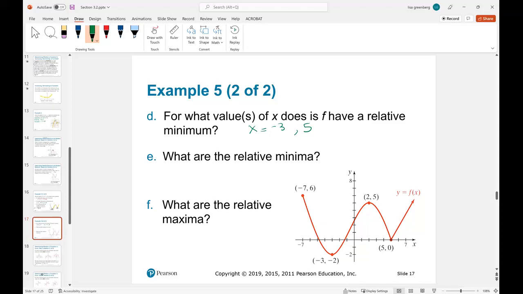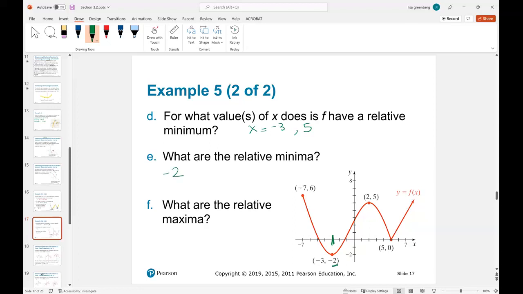The next question is a little different. It says, what are the relative minima? So now that's a different question. The relative minima are the minimum values, which are the y values. They're not the x values. So where does it occur? It occurs when x equals -3. But the minimum value when x equals -3 is my y value, which is -2.